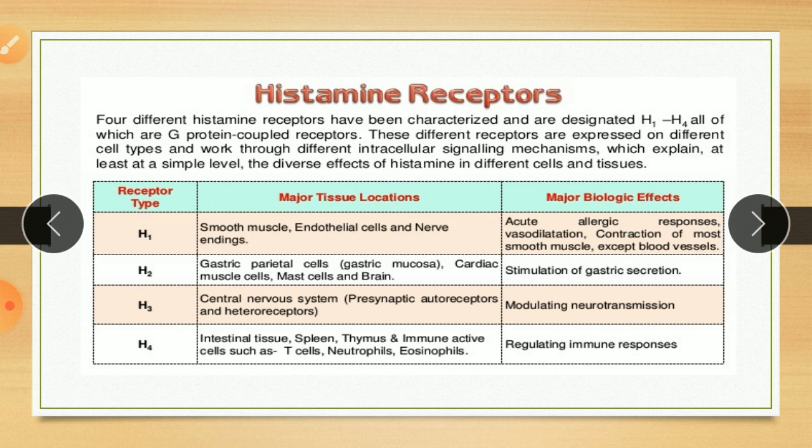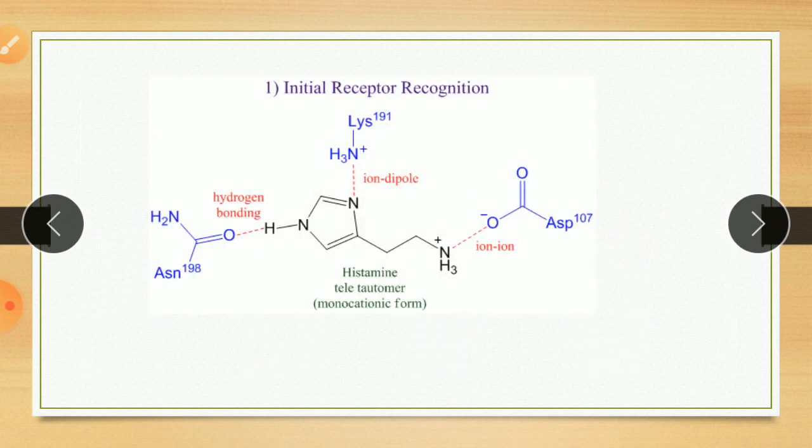Regarding the H1 receptor, it is composed of 487 amino acids.